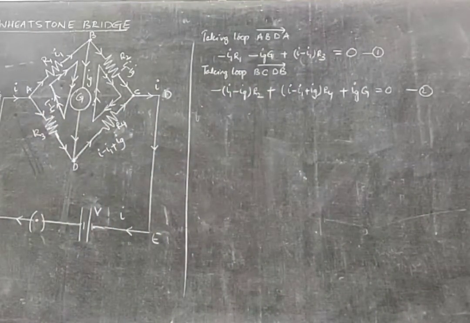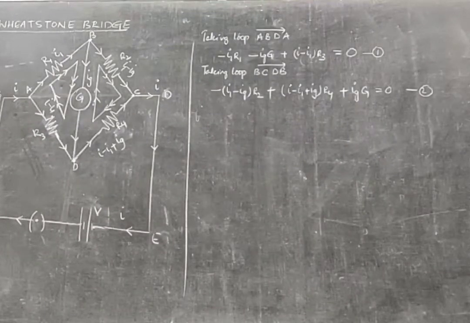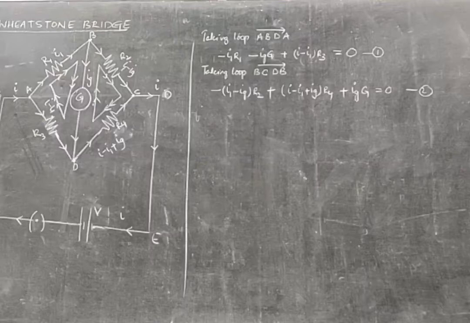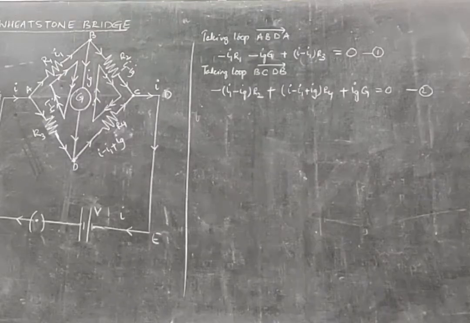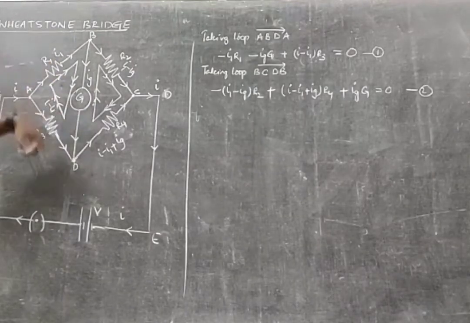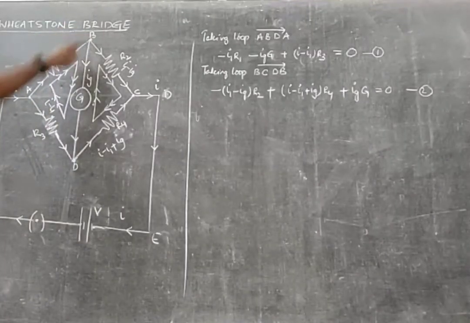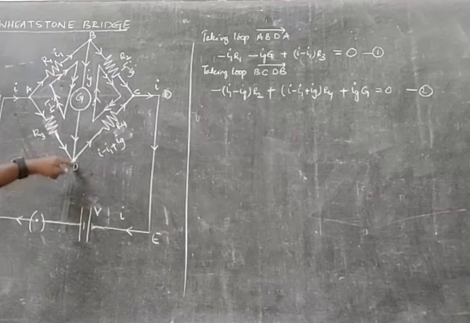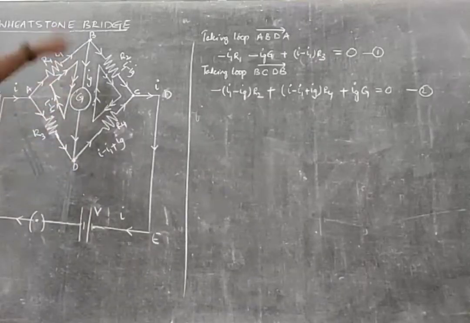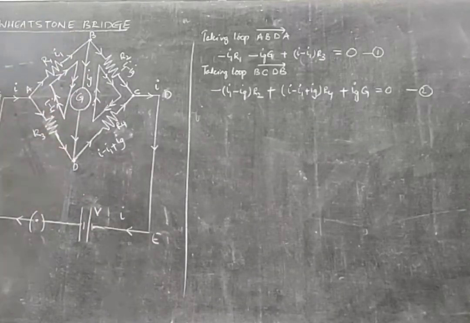Now when the bridge is balanced, the balancing condition of the bridge is that no current flows through the galvanometer. I'll tell you the reason also. At this junction and this junction, the potentials are one and the same, so there is no current across this galvanometer.